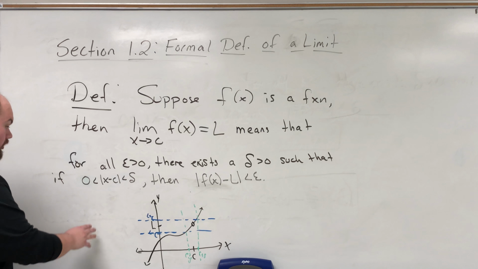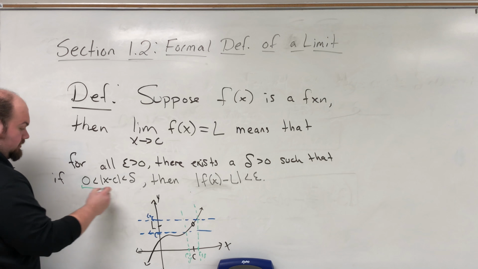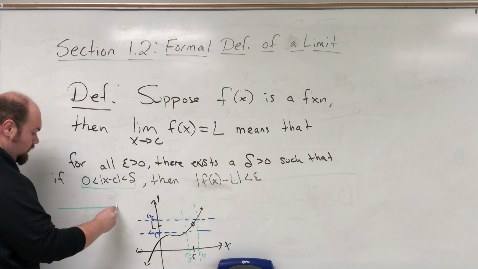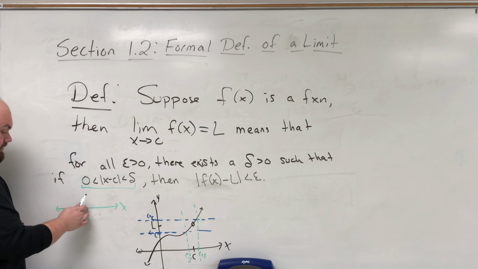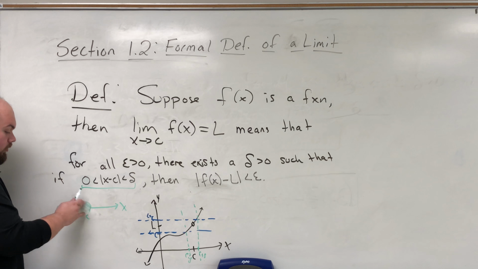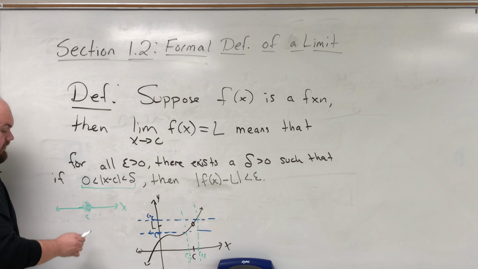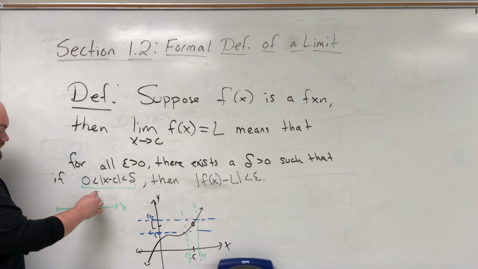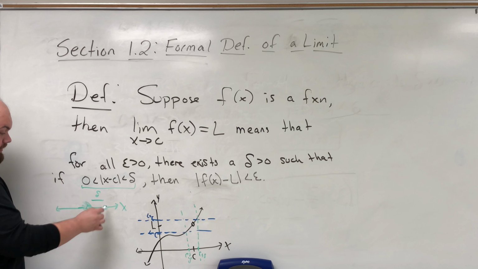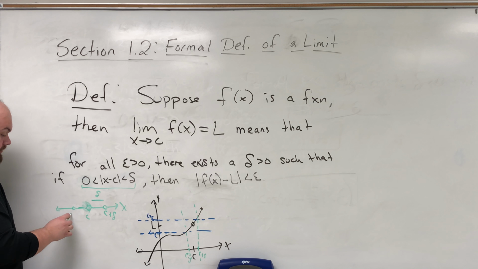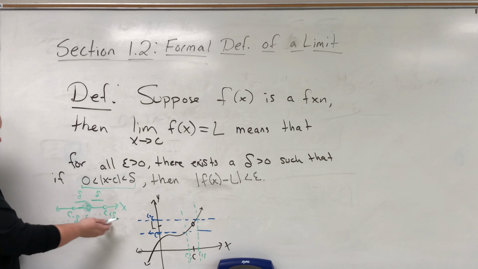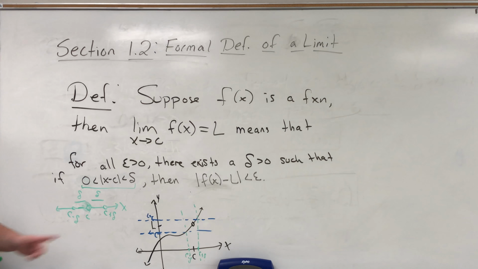So if I was to draw the picture corresponding to this, it would look like on the x-axis some c, and we can't be c, so it has to be a hole at c, and I'm going to be delta above, and this is going to be c plus delta, and I'm going to be delta below, this is going to be c minus delta, so that this delta distance is the same above and below c.